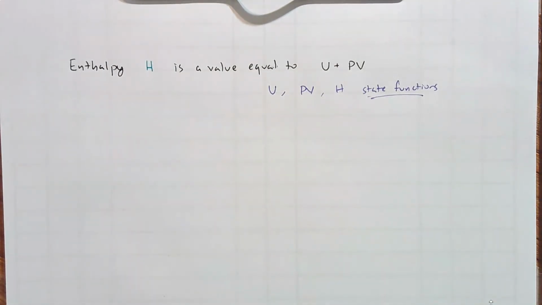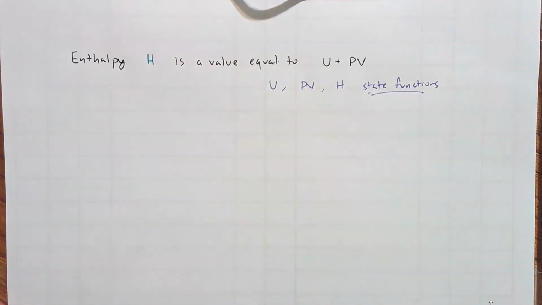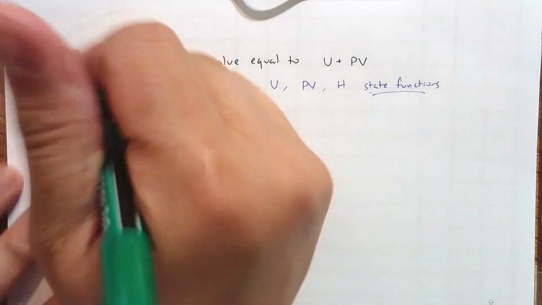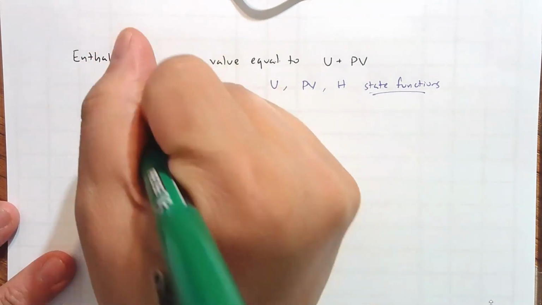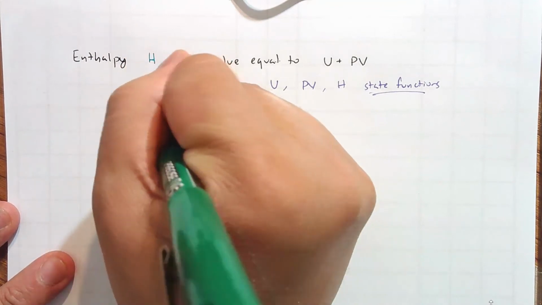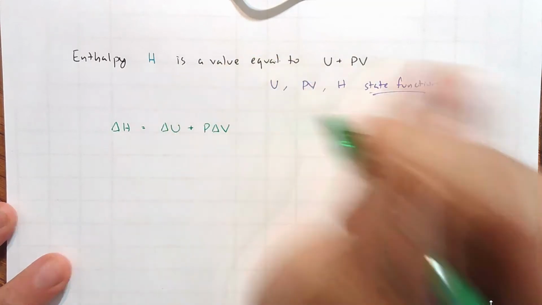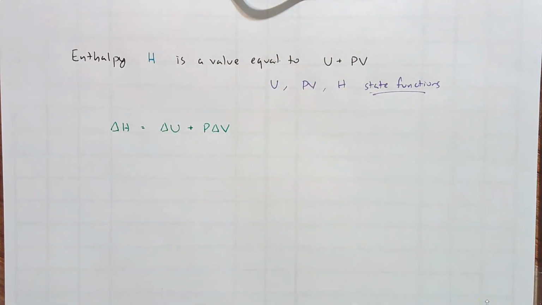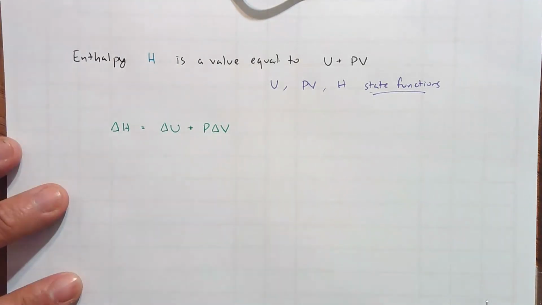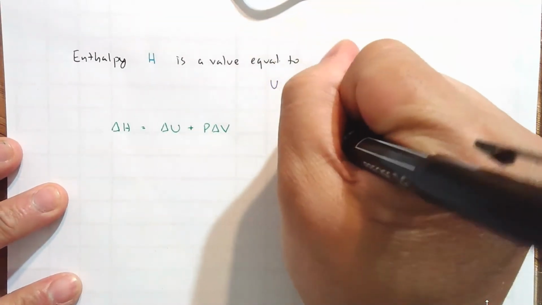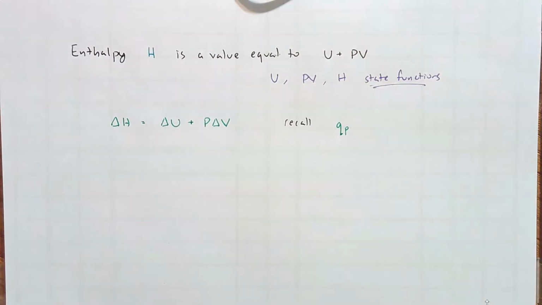So next we're going to convert this equation into the change of enthalpy. And that is delta H, I'll do this in green, equals delta U plus P delta V. Now, on the previous page, recall that we have QP, that's the heat, right?